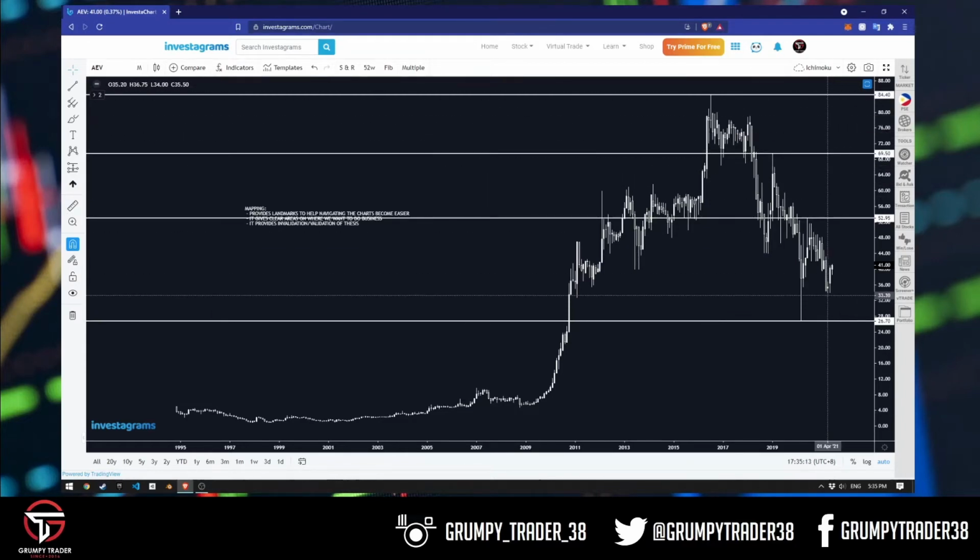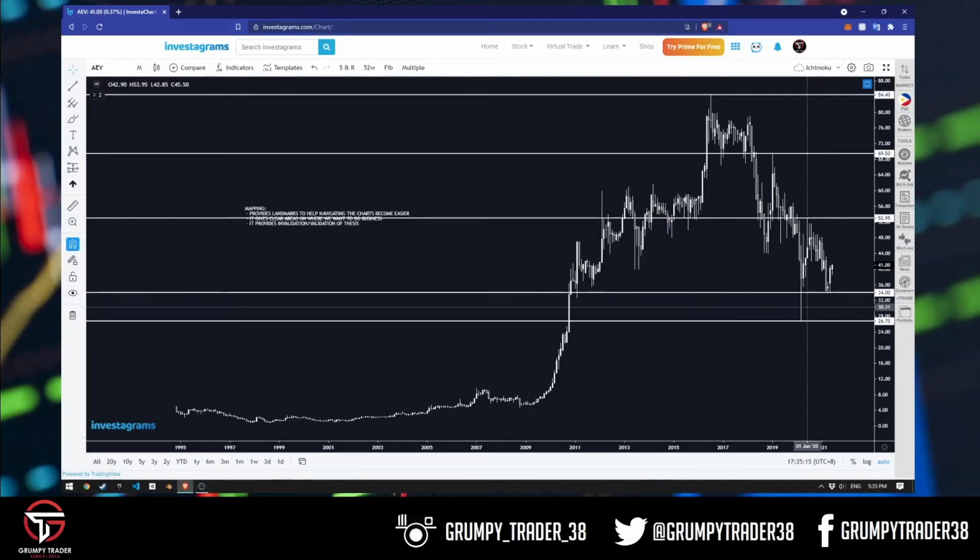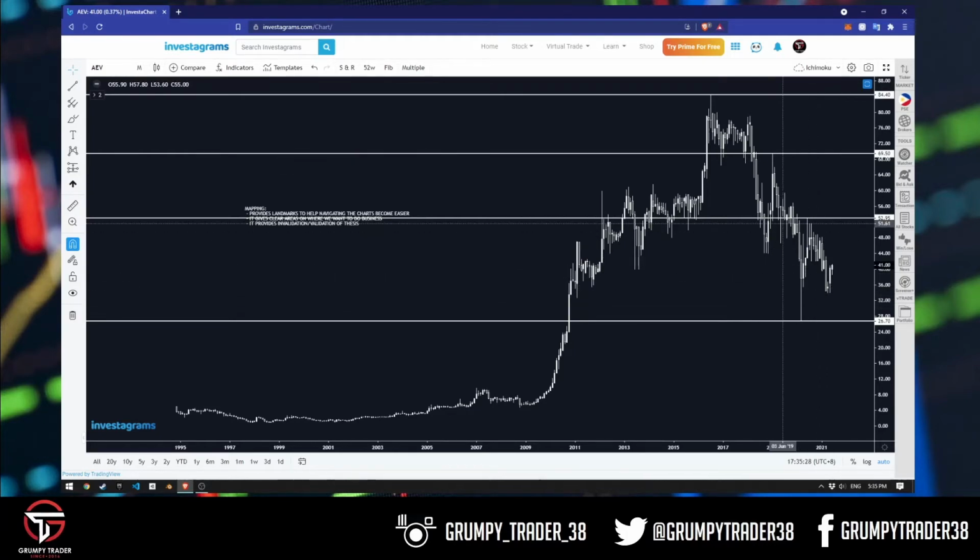Ito, kapag nabasag to pababa, di ba? Kunyari, naglagay tayo ng level dito. It broke below it. Nandito siya. Am I gonna be any more bearish? No. Because I'm already bearish to begin with sa monthly chart. Pag tinignan mo yung itsura ng chart na to sa monthly, kahit naman sino siguro magsasabi, very bearish siya. Pababa talaga tayo. Diba?